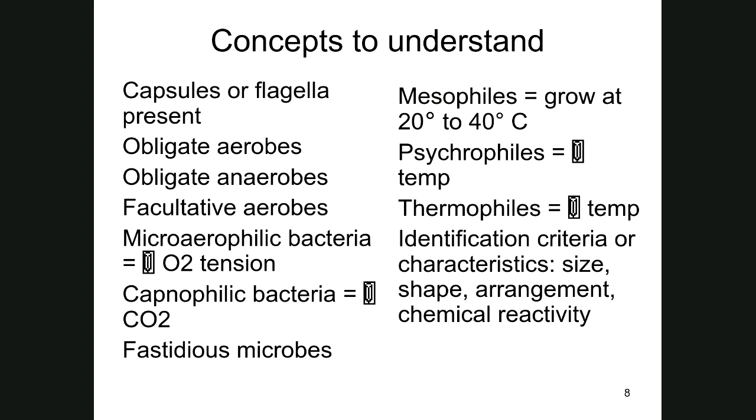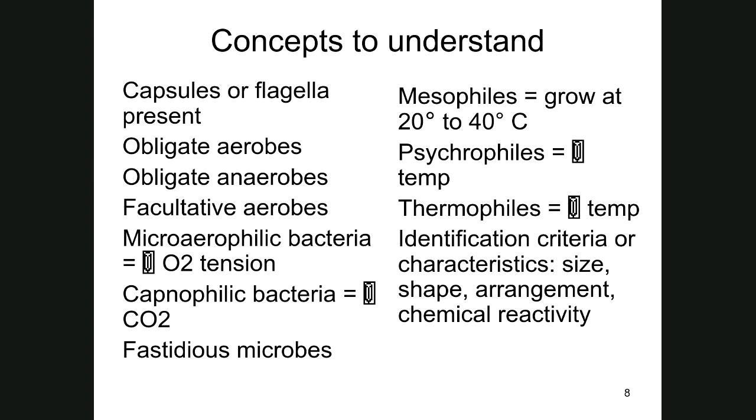Fastidious microbes. Some are just, they won't grow on just everything. They're fastidious, okay? We have what's called mesophiles. They like to grow at 20 degrees to 40 degrees centigrade. So they're kind of that middle ground, okay? And we have psychrophiles, which want a decreased temperature, and thermophiles want increased temperature.